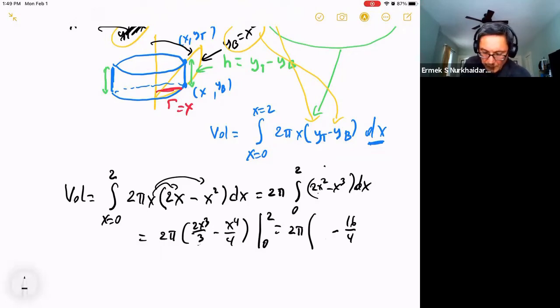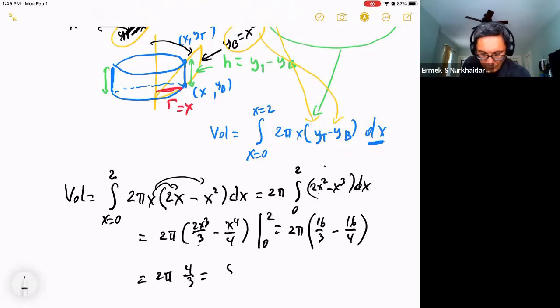So we're going to get 16/3 minus 64. So we're going to get 2 pi times 4/3, I believe.